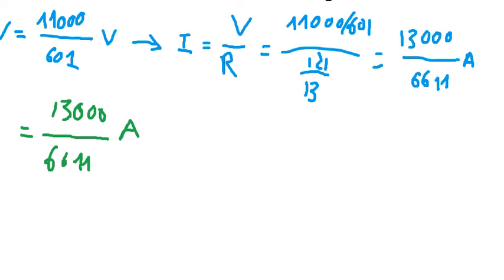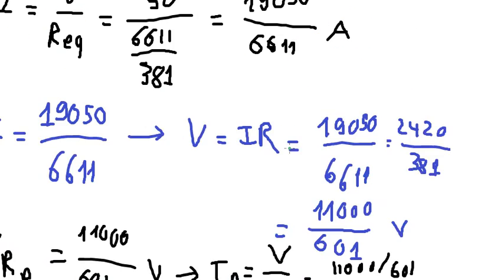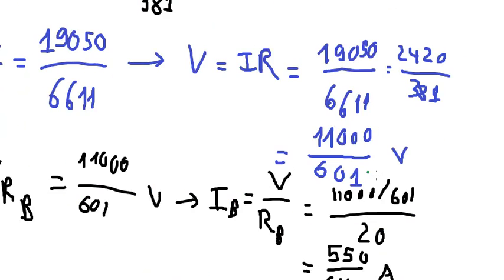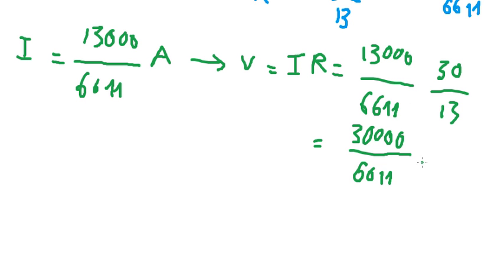And then we need to find the voltage. That is I multiplied by R. So we have R. That is 30 over 13. So we calculate this one and we have the voltage.